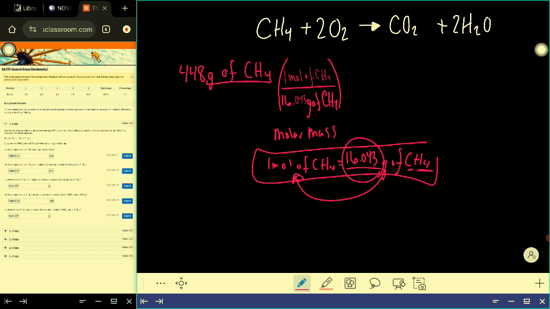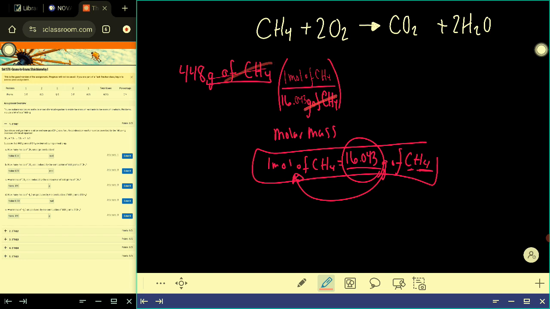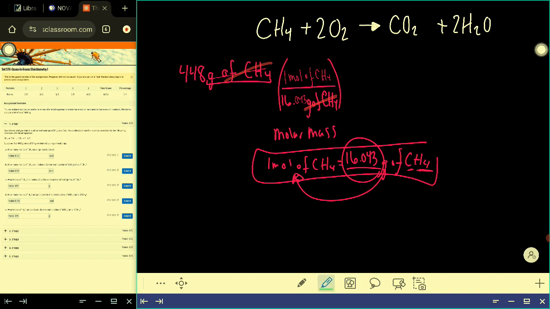If you are going from mass to moles of methane or moles to mass, you will always use this equality statement because grams of methane cross off. Maybe I should start using this as my cross off tool. Maybe I'll grab a different color so it's a little more obvious. All right, so that crosses off and that crosses off. Now what I'm left with is moles of methane, and that's what I wanted to get to.